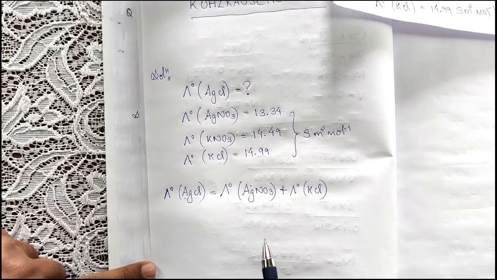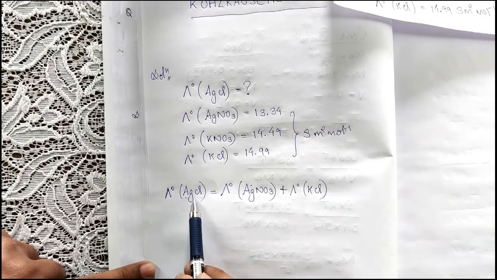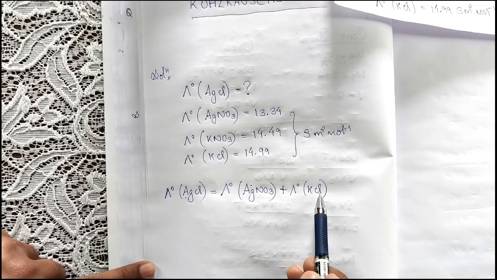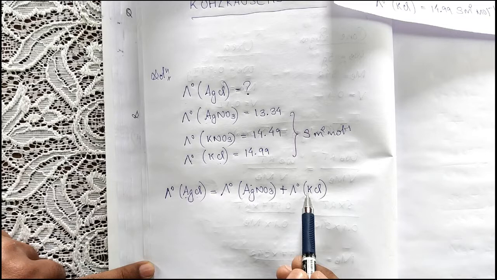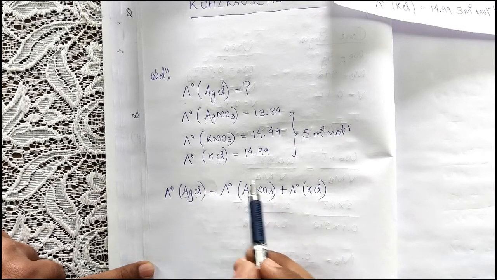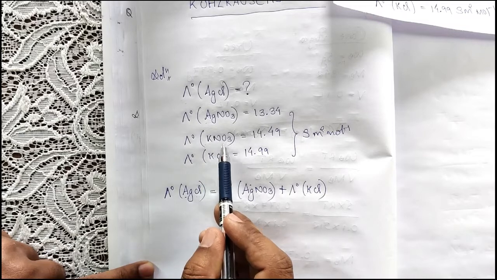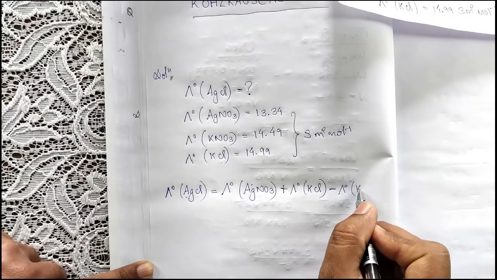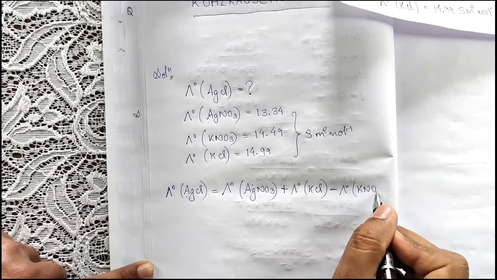So now after adding the two, I can have Ag and Cl. Since we are finding AgCl, I will have Ag and Cl. But we are also going to have KNO3. We don't need this KNO3, right? So out here we are going to subtract this one. So minus KNO3.